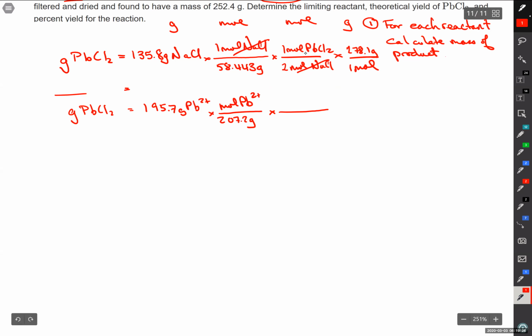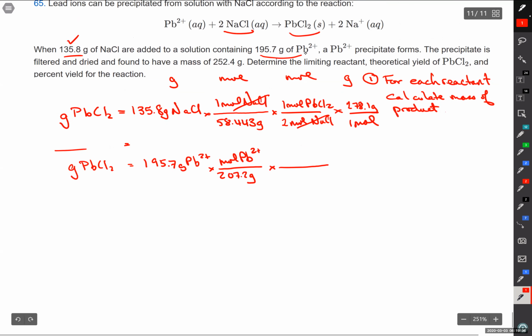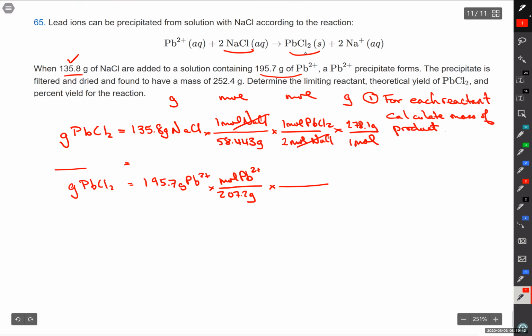So now what do I need? All right. This is grams to moles. I need moles of product. So I need the mole ratio, and it's 1 lead chloride for every 1 lead, so it's a 1-to-1.